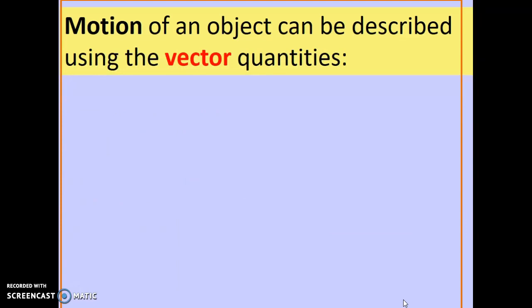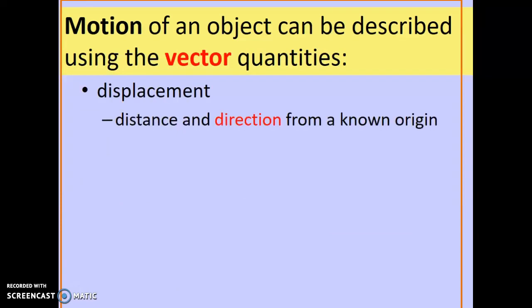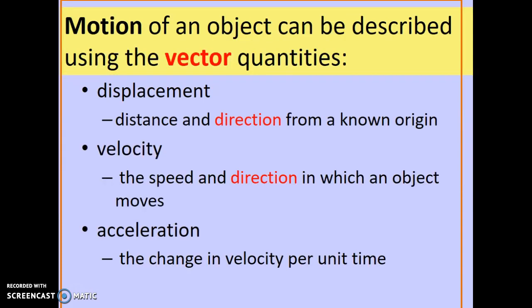So we've said before, the motion of an object is described using these vector quantities: displacement, velocity, and acceleration. We've discussed the first two. So the third one, acceleration, is the change in velocity per unit time. This means when an object speeds up or slows down or changes direction, it is accelerating.